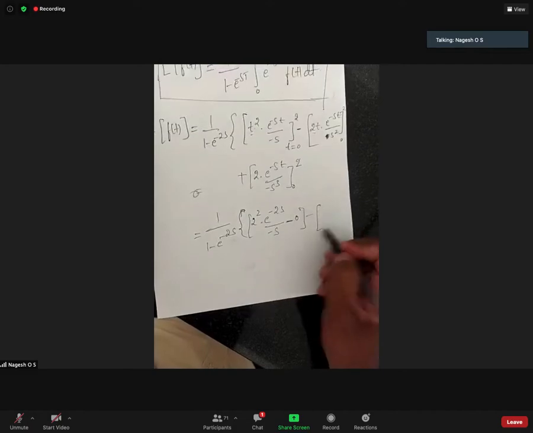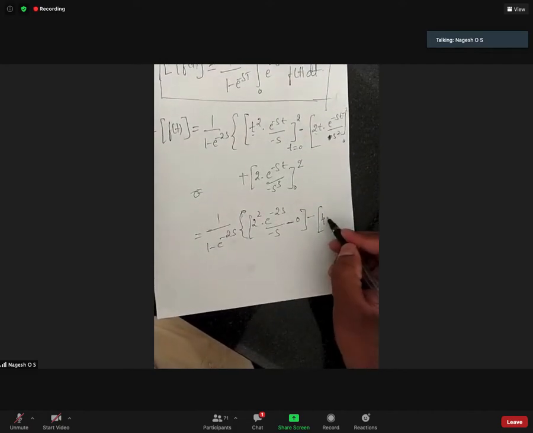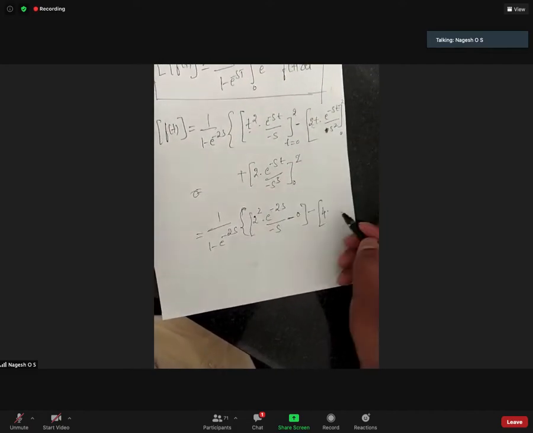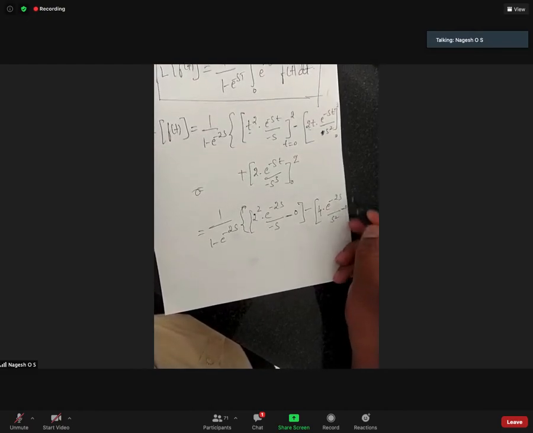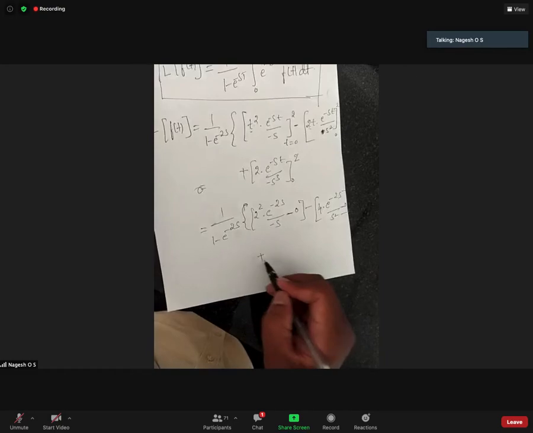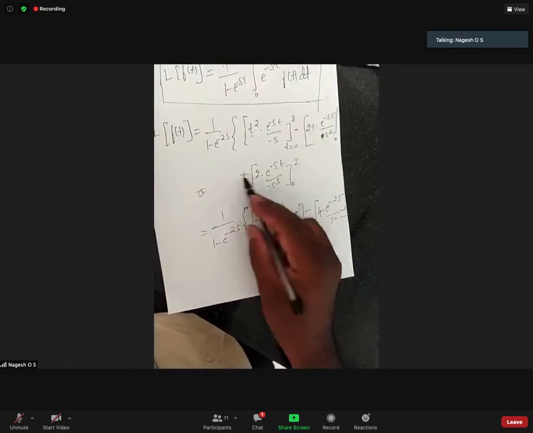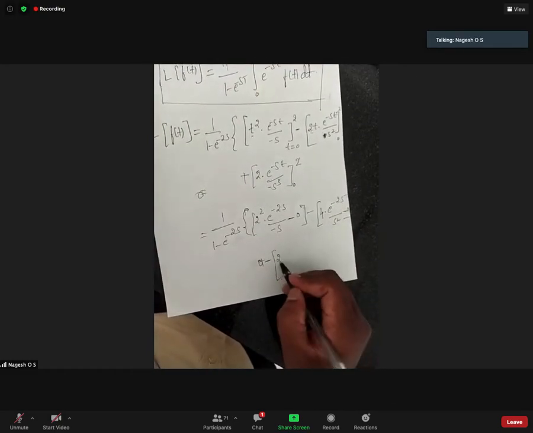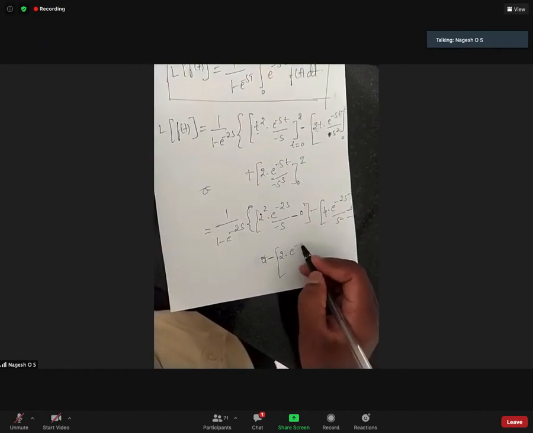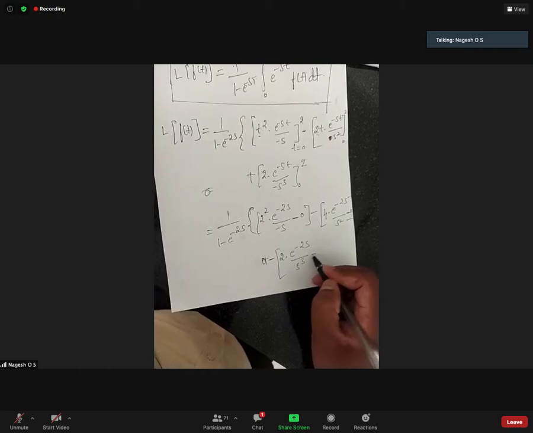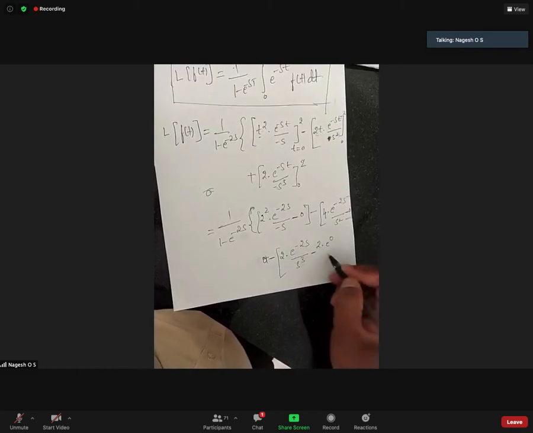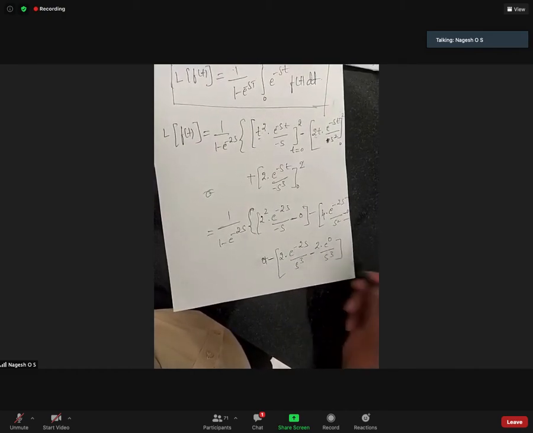Correct? Minus, for this 4, because 2 into 2 is 4, e power minus 2s by s square, again the lower limit is 0. I will write minus here because minus into plus: minus 2 e power minus 2s by s cube, minus 2 into e power 0 by s cube. Correct?